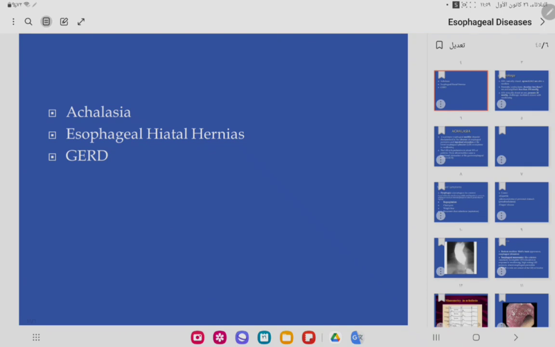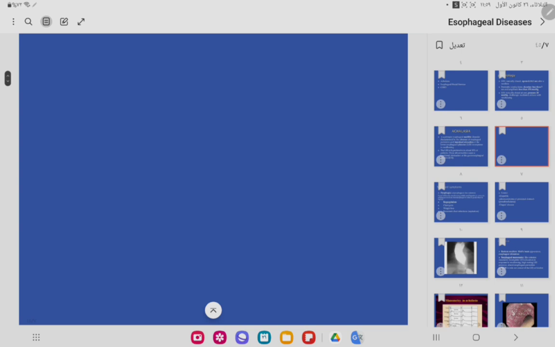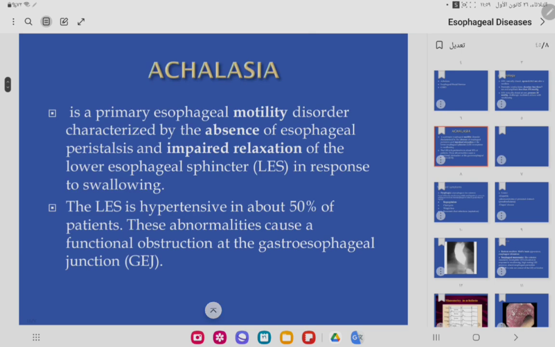Next, diseases that affect the lower esophagus and the esophagus in general are achalasia, esophageal hiatal hernias, and GERD, gastroesophageal reflux disease. Next, achalasia is a motility disorder characterized by the absence of esophageal peristalsis and impaired relaxation of the lower esophagus in response to swallowing, usually because of loss or absence of the myenteric plexus in the lower third of the esophagus, which is found, as you remember from the anatomy, in the submucosa and muscularis area and innervates the muscularis to contract.